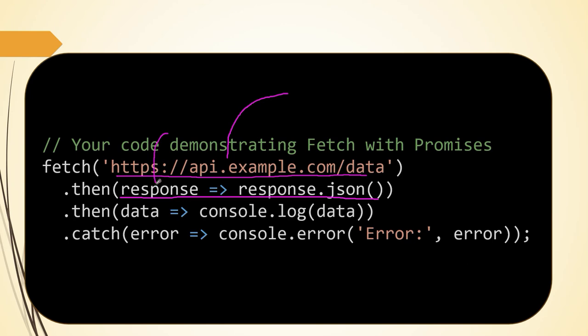So in the promise based syntax, step 1, specify the URL which you want to call. Step 2, give the arrow function or any normal function which you want to handle the response as the callback function.